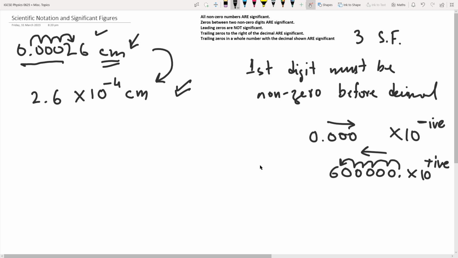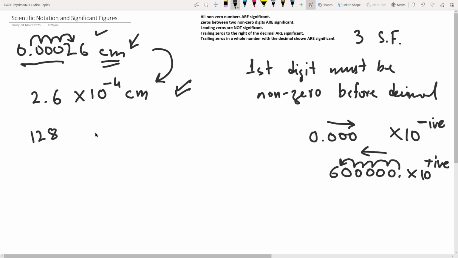As I said, we can use scientific notation for very large numbers. Let's say we discuss the diameter of Earth, which is actually 128. Now it is going to have several zeros at the back.